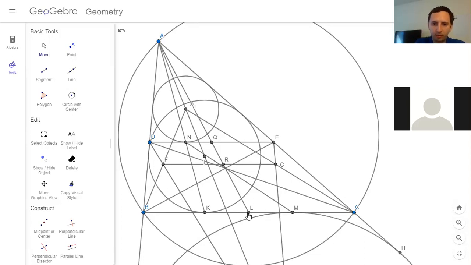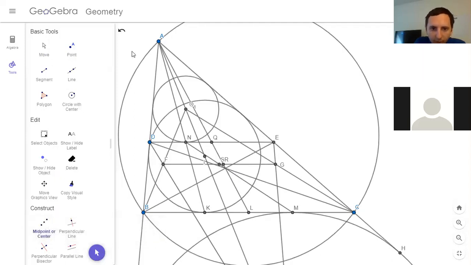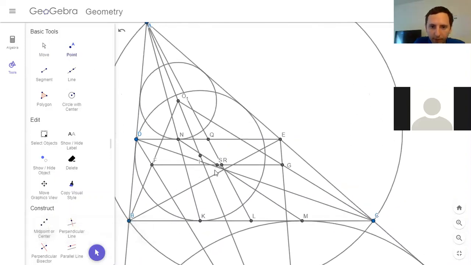Wait a second. Wasn't R the midpoint of FG? Now I'm confused. Oh no, that's S. Oh, Q's the midpoint of DE. So we want to show that QS and that X center are collinear. This is weird.